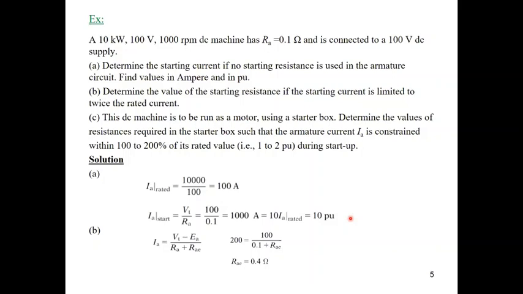So this is a high value compared even to an induction motor. For induction, it was 5 to 7 times. Here, it's 10 times. And this value will stay for a period of time depending on the machine size.